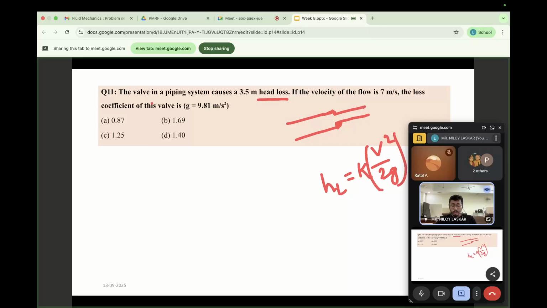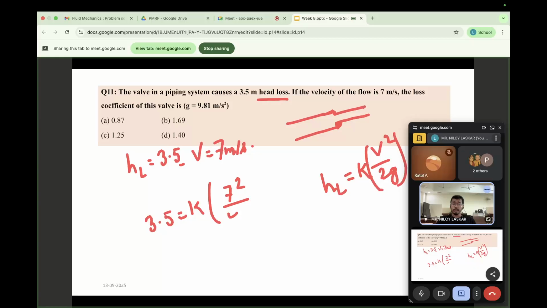In this question, the head loss HL is given as 3.5 and velocity is given as 7 meter per second. So just put these values here. This is 3.5 equals K into 7 squared by 9.81 into 2.